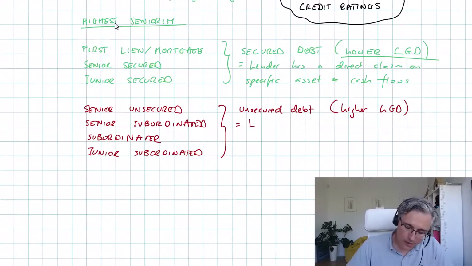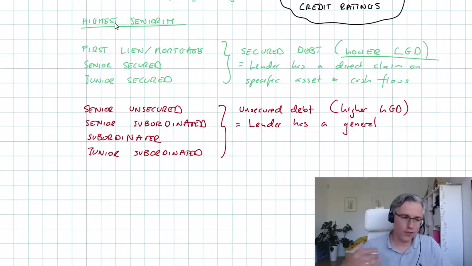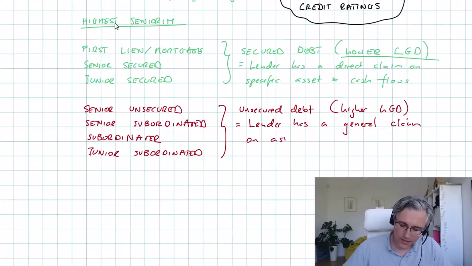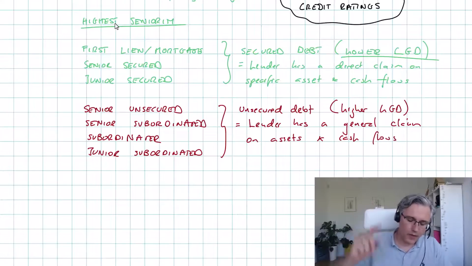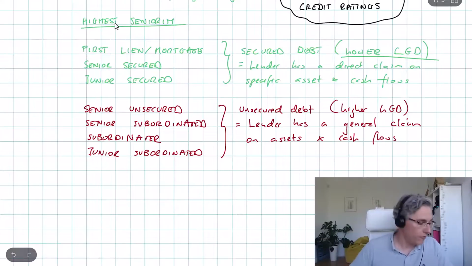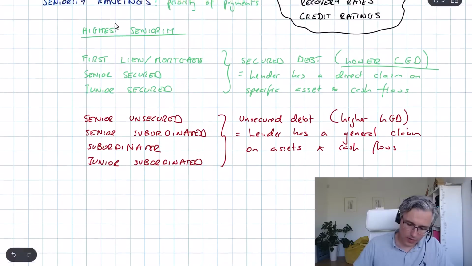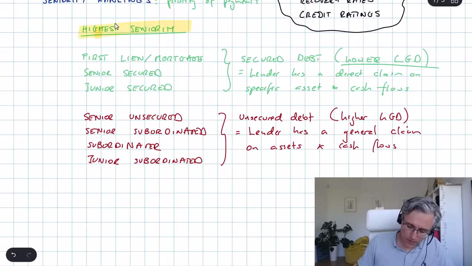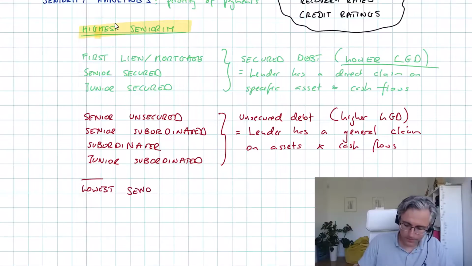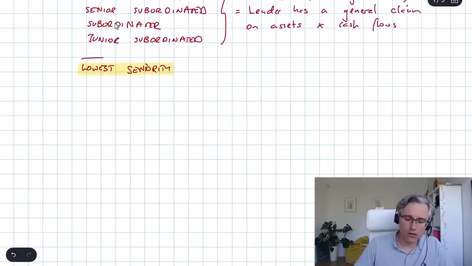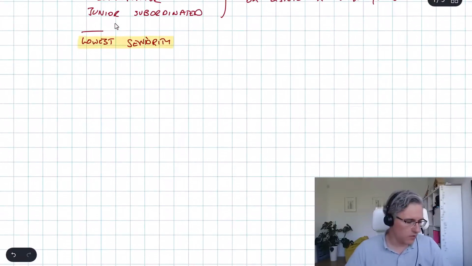So the lender in this case has what your curriculum describes as a more general claim on the assets of the borrower and the cash flows from their sale. Of course, those who are secured on specific assets come first. Highest seniority was up here, and this is the lowest seniority level. That's the spectrum within which we will be holding the discussion for the next couple of minutes, because there is more to say on this.